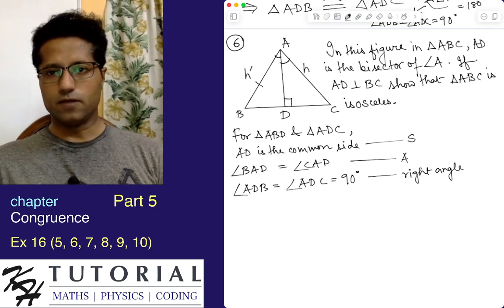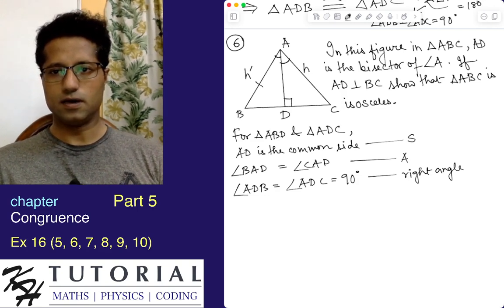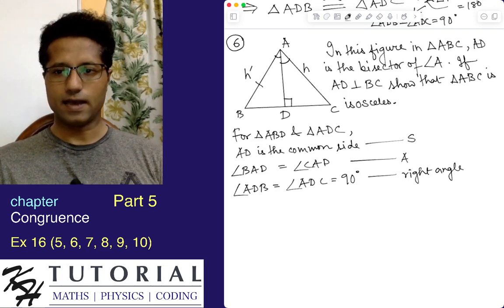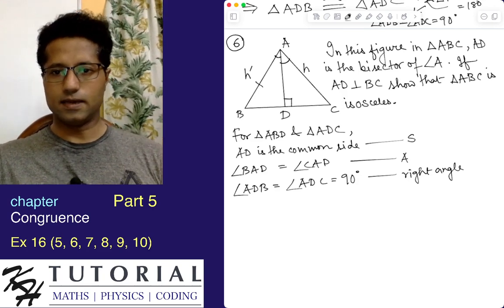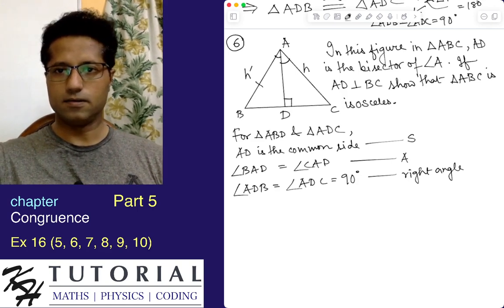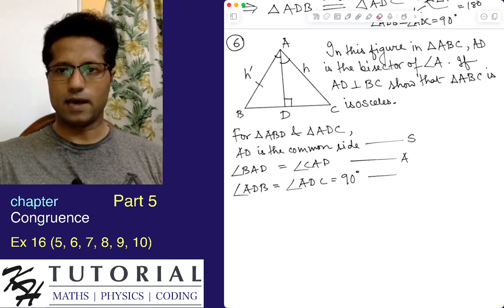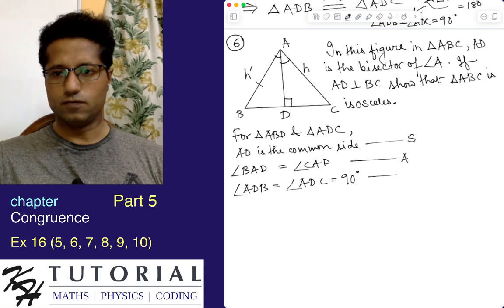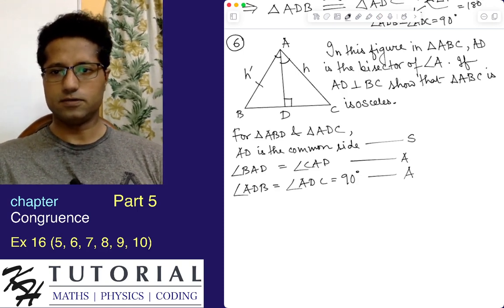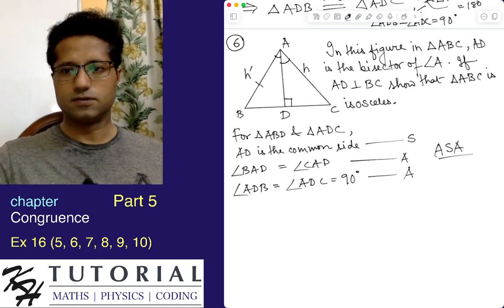So what property of congruence can we apply from these matching parts to ensure that these two triangles are congruent? We have side, angle and angle. We cannot really consider this as a right angle, but let's say this be an angle. So we have AAS. The only other option we can have is ASA.